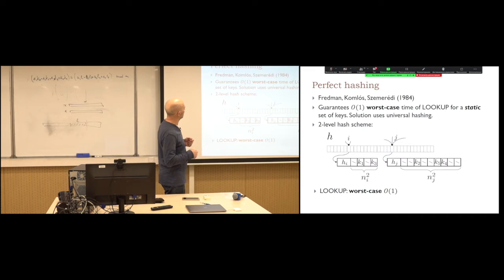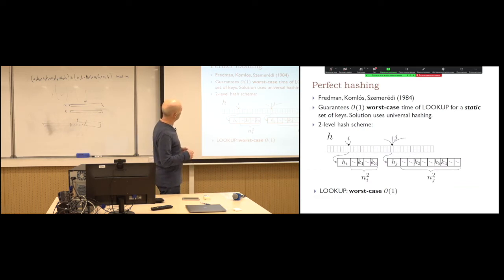So we have a static set of keys, and we want to construct a hash table where we have a constant number of keys in a bucket, but in this construction we will even have only one key in a bucket.